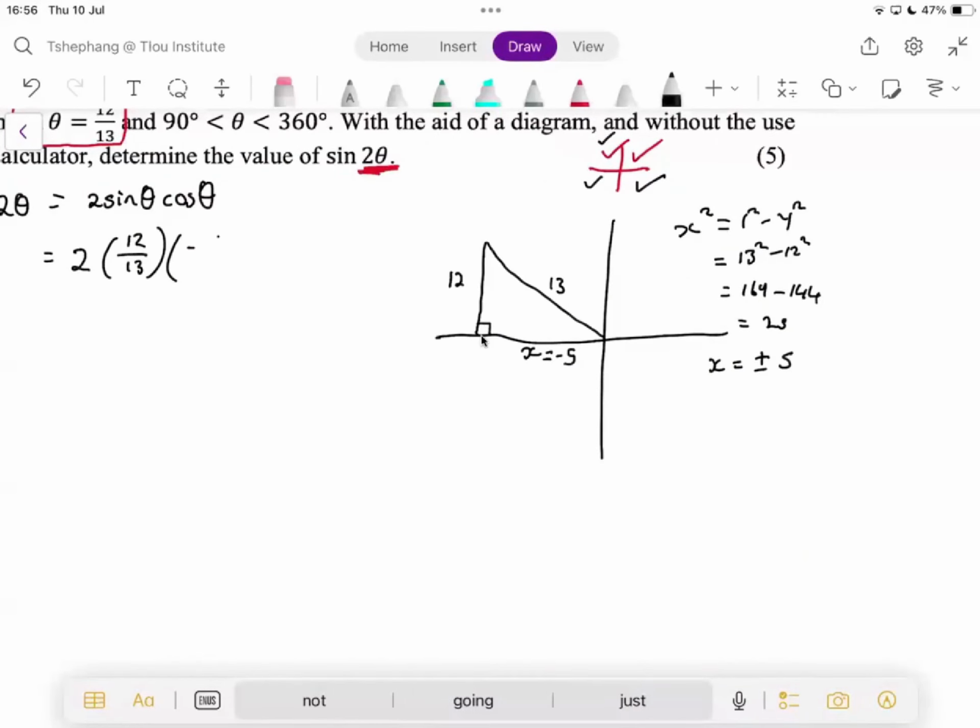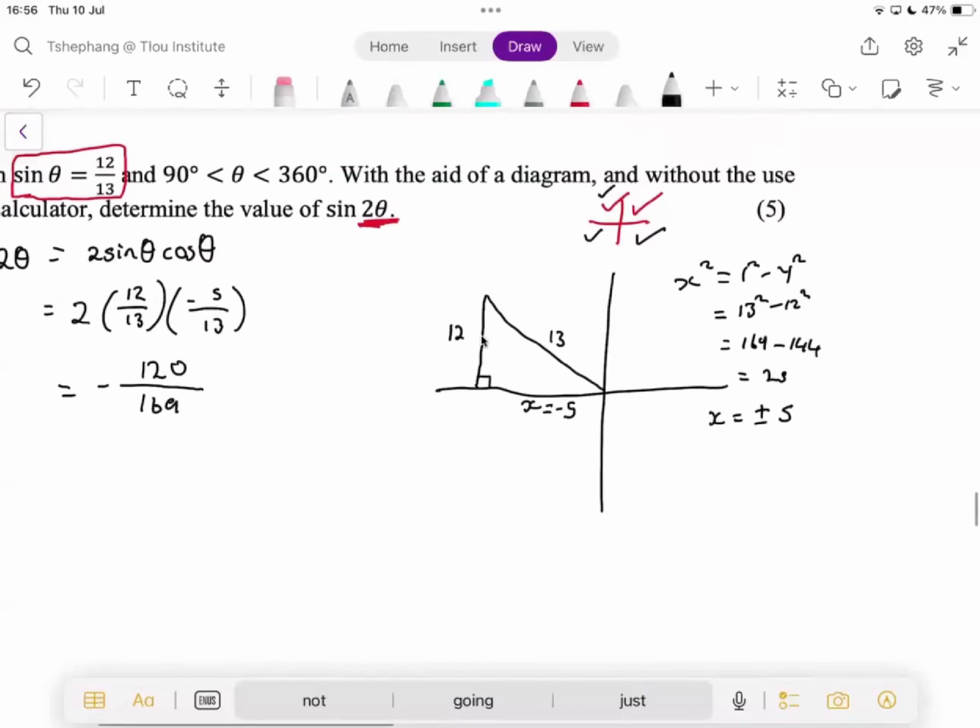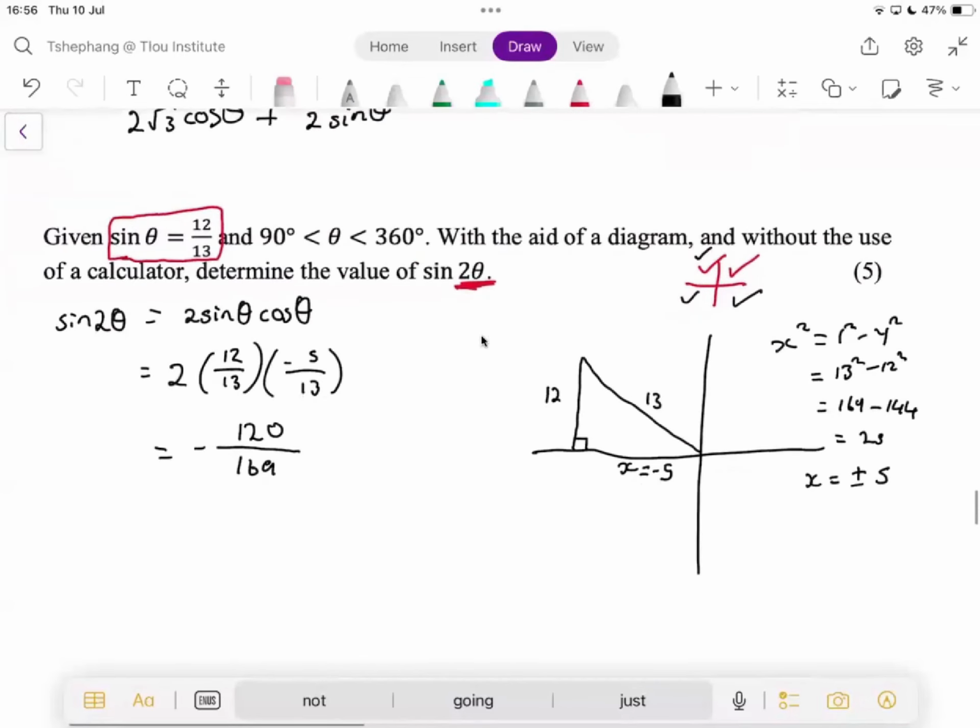This is going to be negative 5 over 13. Then from there, we know the top is going to be 120. The negative is still in front. And then 13 times 13 is 169. And just like that, you have 5 easy marks. Not too much of a problem there, right? Perfect.